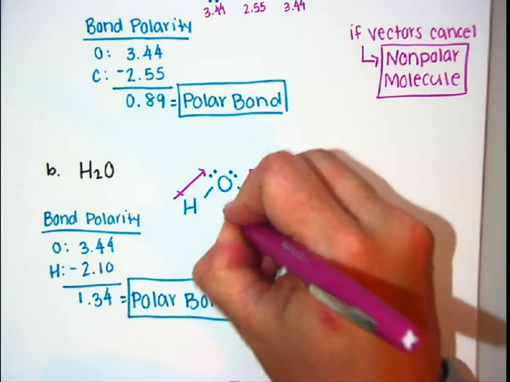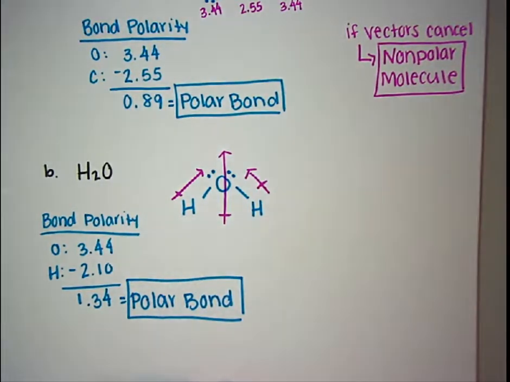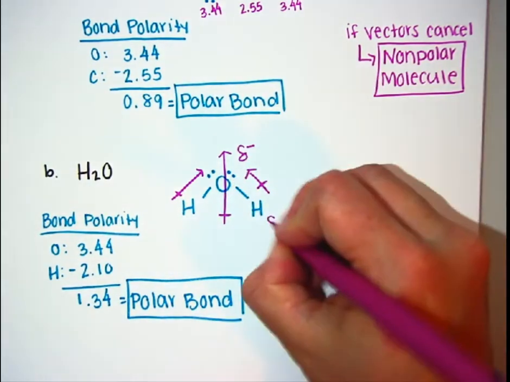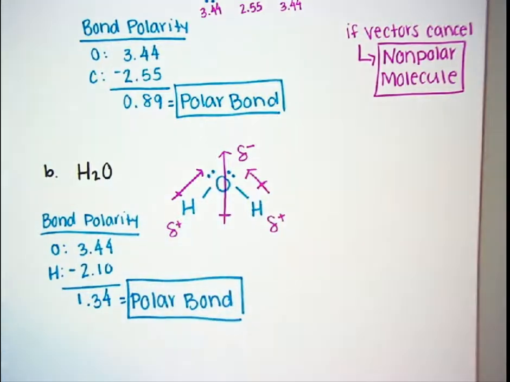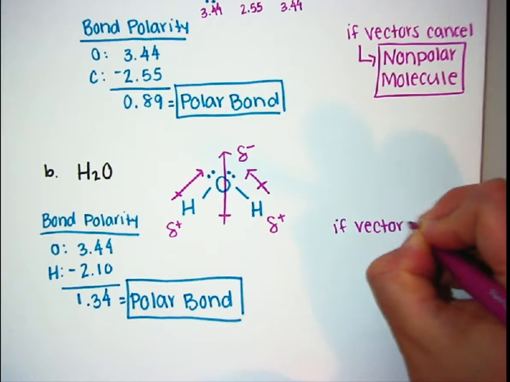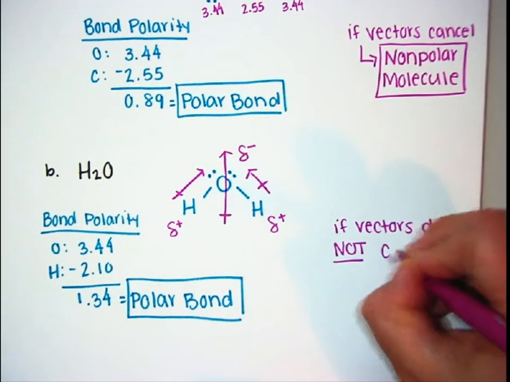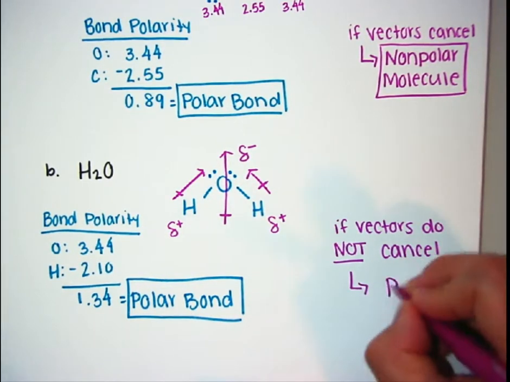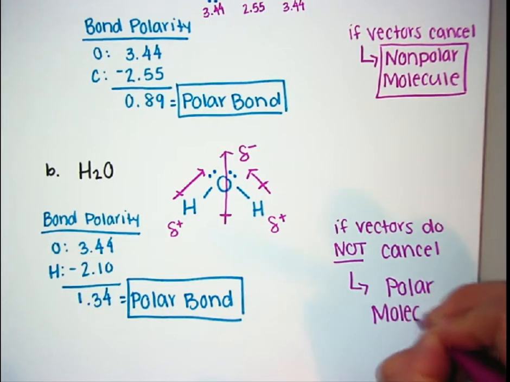No. We are going to have an overall vector pointing up. That means that we are creating two separate poles. If the vectors do not cancel, if we add our vectors, this would be a polar molecule. We are creating poles.